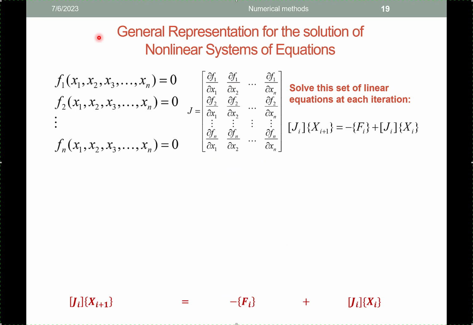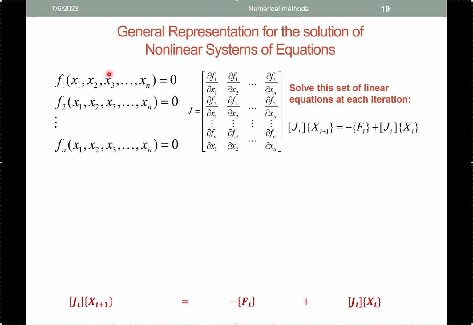In this slide, essentially what we have is the general representation of the solution when you have many equations. The format is you have the Jacobi matrix, which is all the partial derivatives. For the first function, we take the partial derivative in terms of x1.